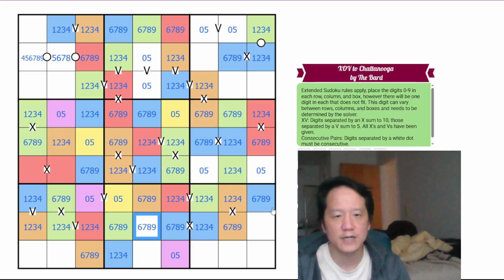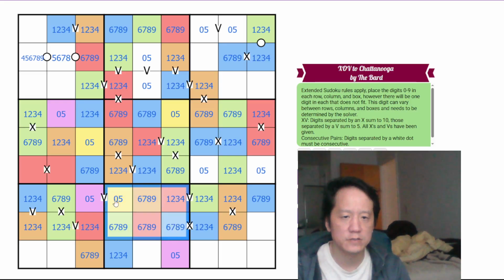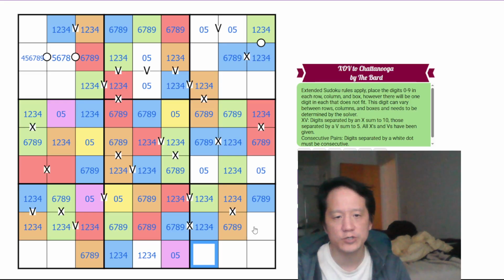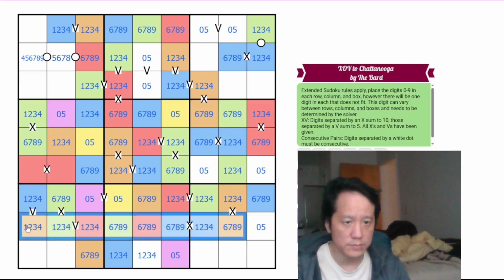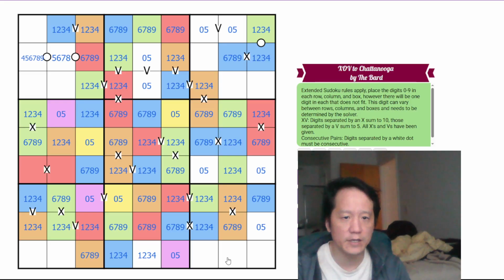So the last high remaining is a red in that box. Therefore, this is low. We're not sure which this is, though. Can't be blue, can't be red, but it could be either green or orange. We're not sure which. This has to be a 0, 5. We're not sure which either. That's the only digit remaining.